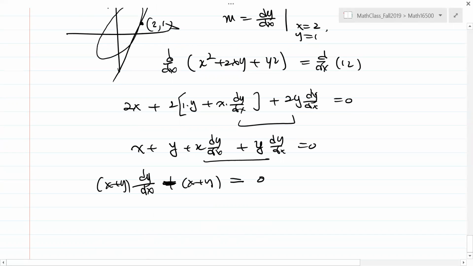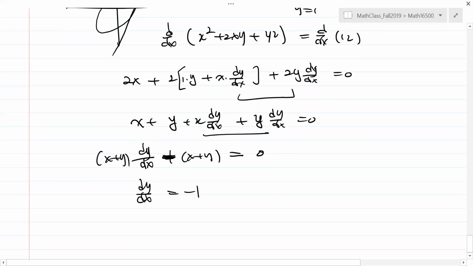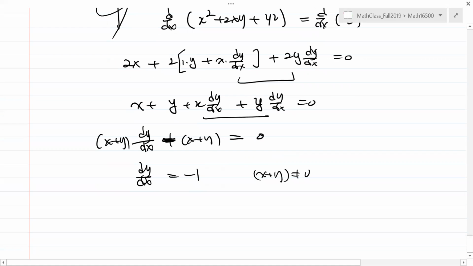But anyway, you solve for y, you find out it's always -1, identical, as long as x plus y is not going to be 0. At those points you find the derivative. So it doesn't matter where it is. It has a constant slope.